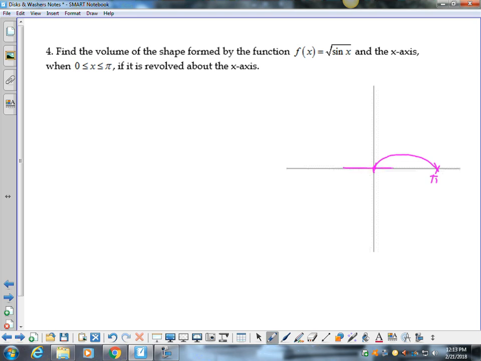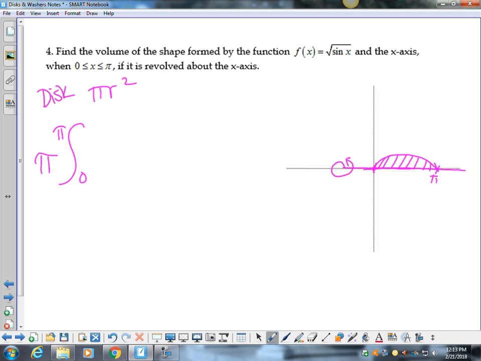And the x-axis, and we're revolved around the x-axis, and I'm going from 0 to pi. So it is a disk, so pi r squared. So from 0 to pi, with a pi out front, and then my r, okay?